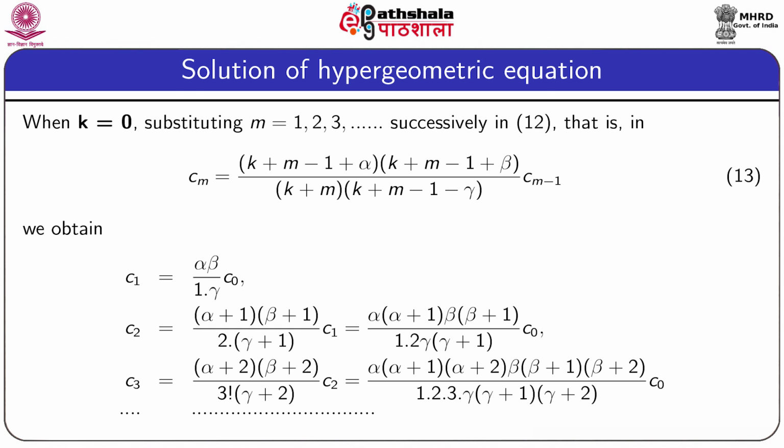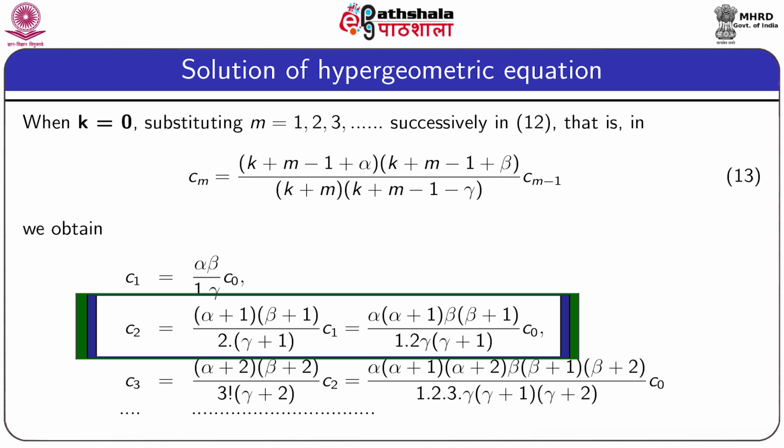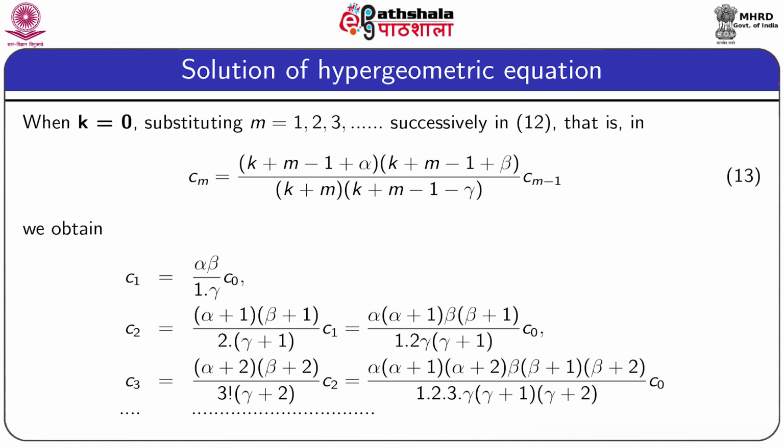Substituting k equal to 0 and m equal to 1, 2, 3, and so on successively in equation 12, which is renamed here as 13, we will get C1 equal to alpha beta divided by 1 dot gamma into C0, and C2 equal to alpha plus 1 beta plus 1 divided by 2 times gamma plus 1 into C1, where you substitute the value of C1 from the first expression and you will be getting alpha into alpha plus 1 beta into beta plus 1 divided by 1 dot 2 gamma into gamma plus 1 C0.